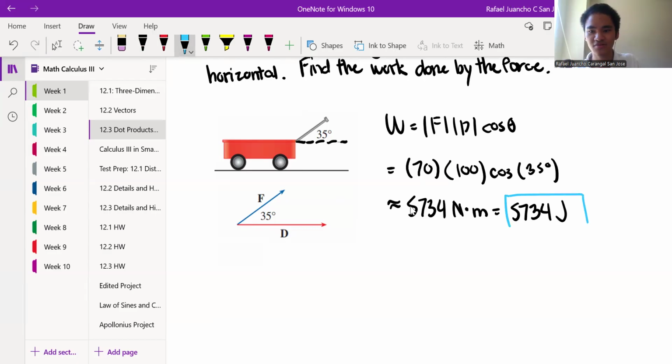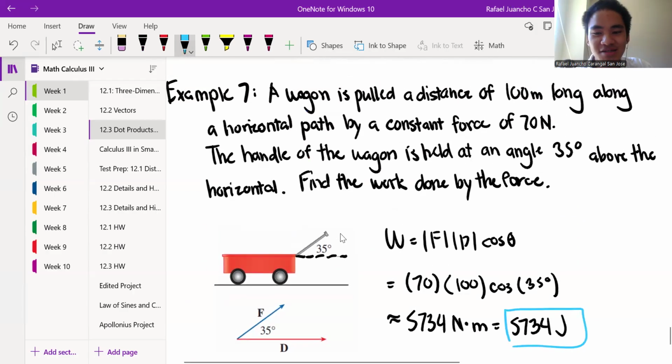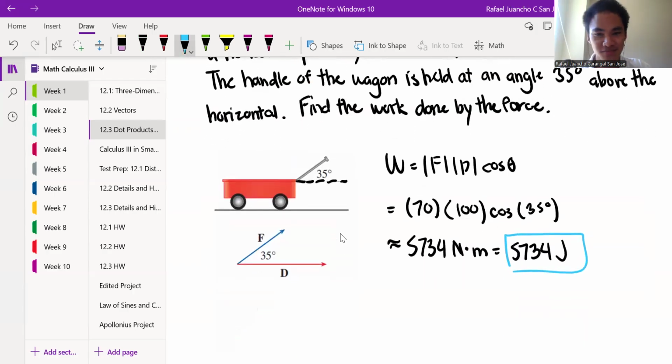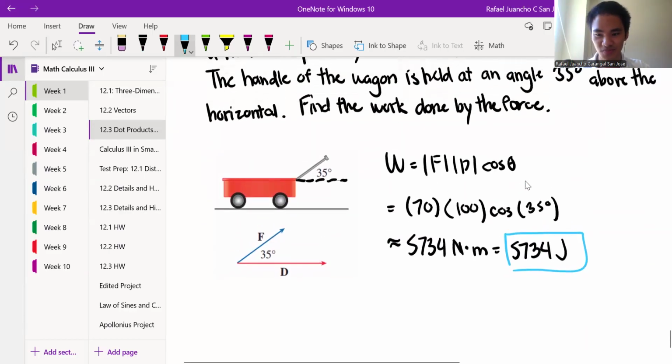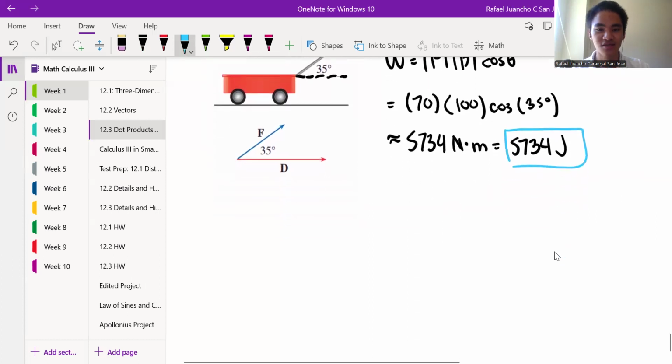And so that's the work done. Now, don't ask me any physics questions because I haven't studied physics before. I probably did, but I didn't listen to my physics teacher when I was in high school. So anyway, we're done with the task. Boom, finished. 5,734 joules. Yeah, that means joules.